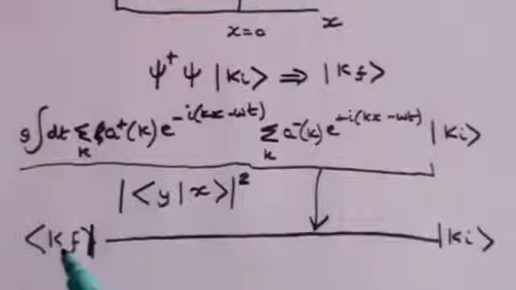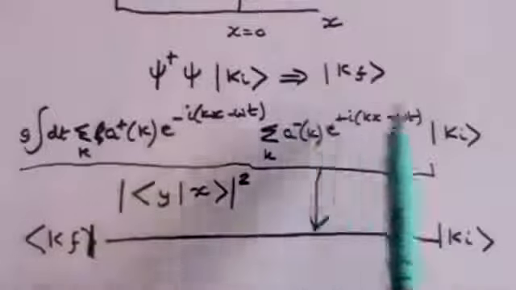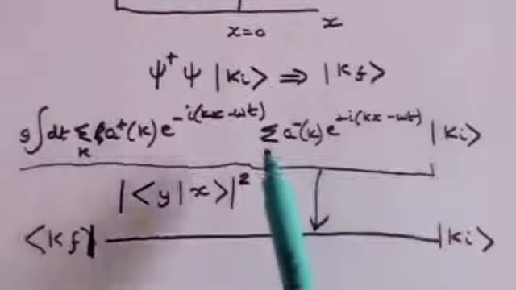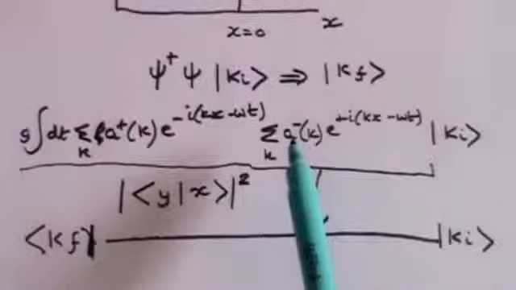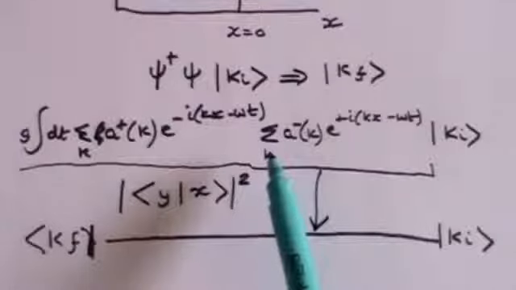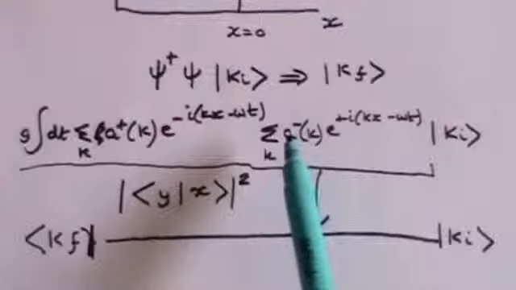Well, think of going back to the first of the videos that I did in this particle physics series. I told you what the effect of A minus on Ki would be. Remember, in this term here, the A minus term is cycling over the values of K. In a little while we'll see that there are only allowed values of K. So this is cycling over allowed values of K, and for most values of K it is looking for a particle to annihilate, and there won't be one.